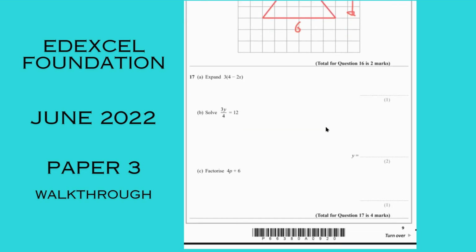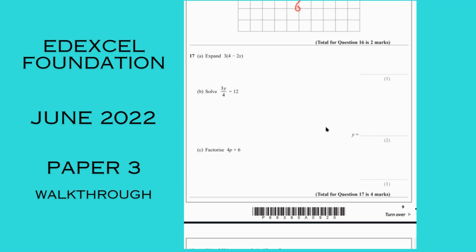Number 17, for some algebra. Expand means multiply out, so everything inside the bracket needs multiplying by 3. So we get a 12, minus 2 becomes minus 6. Next, the divide by 4 is something that crops up now and again, but anything that throws you off, get rid of it.